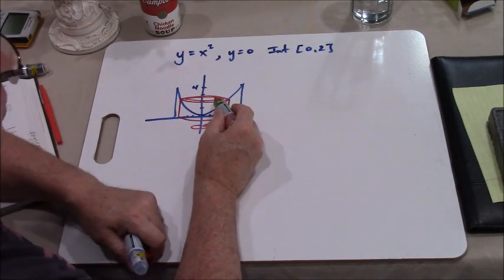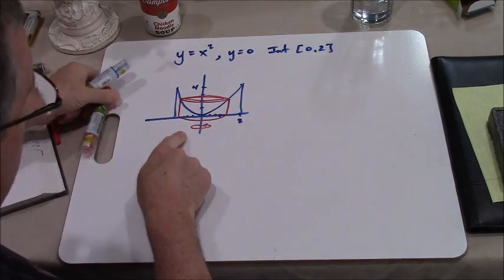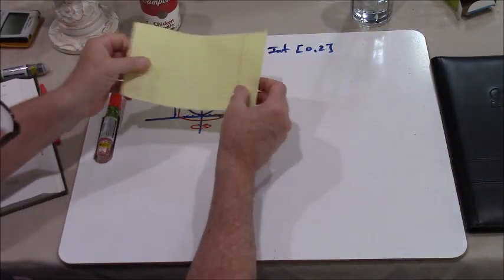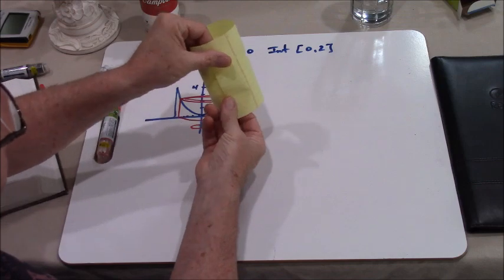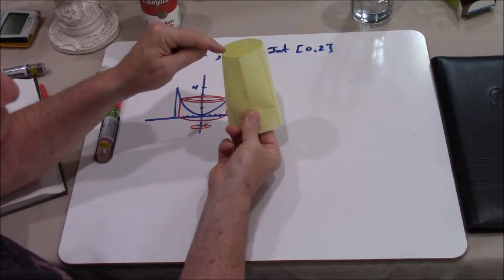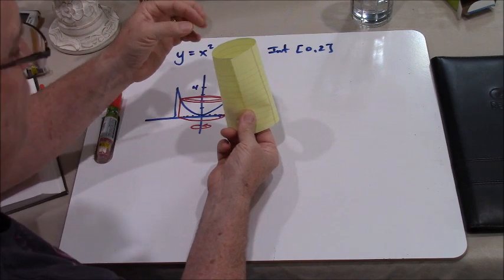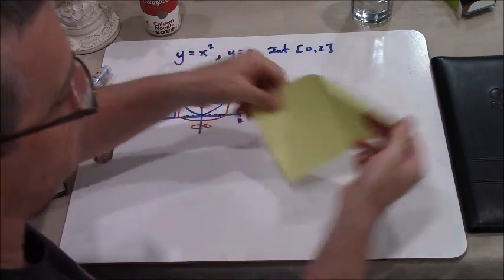Now, even though this looks a lot thicker than a piece of paper, that's really the way we want to think of this, as one piece of paper that's wrapped around like this. And it has a little bit of thickness. Remember how we always say dx or dy is just a very small amount? Well, that's what we see here, a very small amount.